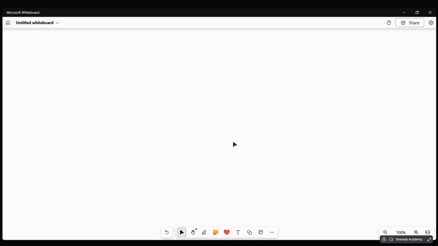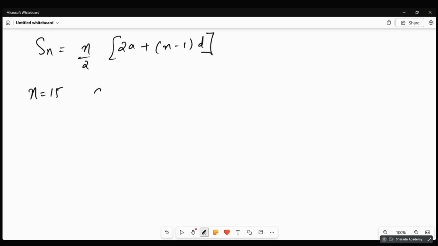Total volume, right? Okay. Sn is equal to n by 2 into 2a plus n minus 1 into d. So what all is given? n is equal to 15. d is equal to 1 by 2 here.